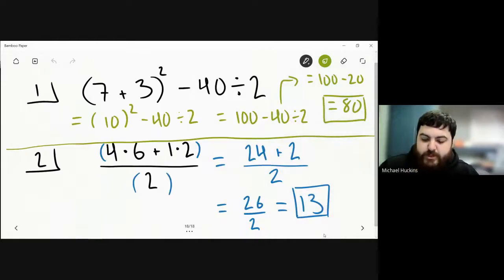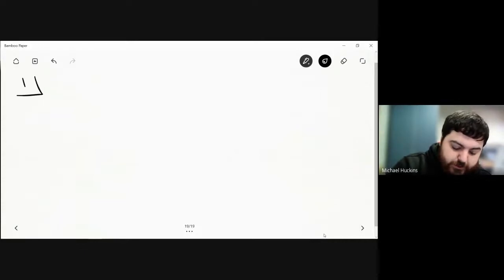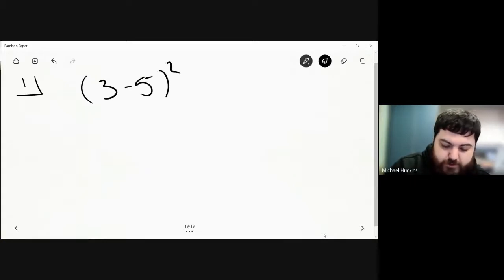Now, to finish out here, I'm going to leave you with a couple of problems to solve on your own, which we will discuss later. The first will be 3 minus 5 to the second power plus 7 minus 3 plus 2.